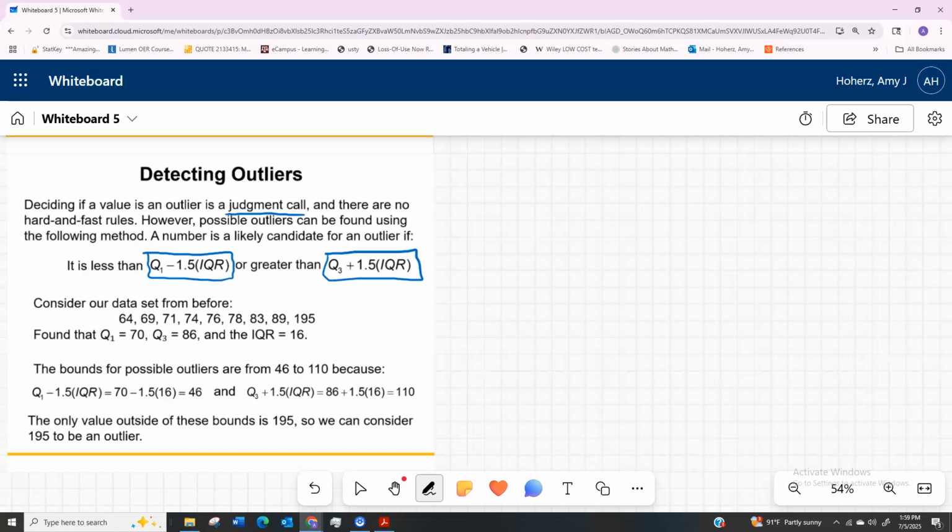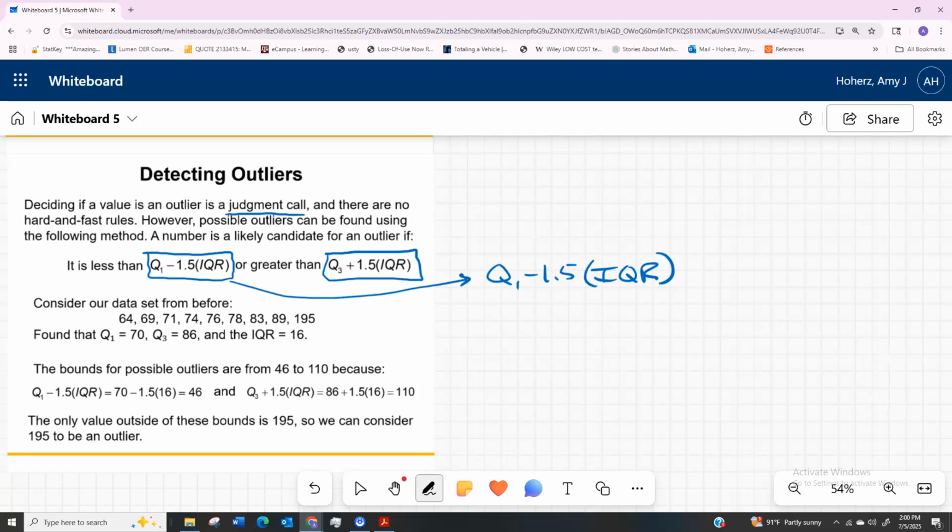So our data from before, we had 64, 69, and so on, up to 195. And we found that the Q1 was 70, the Q3 was 86, and the interquartile range was 16. So let's calculate what a lower outlier would be. So we want to compute Q1 minus 1.5 times the IQR.